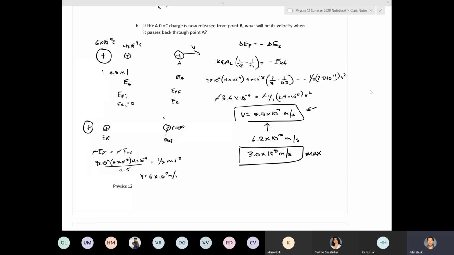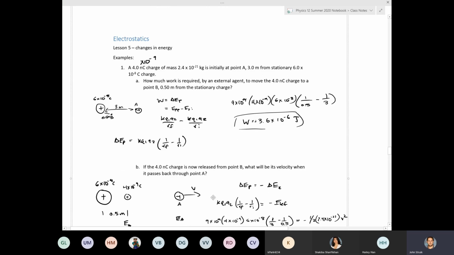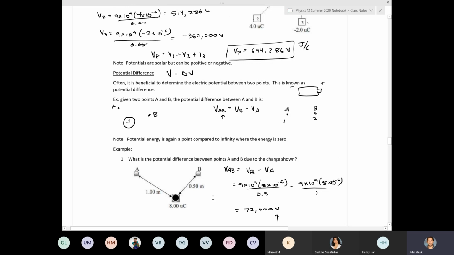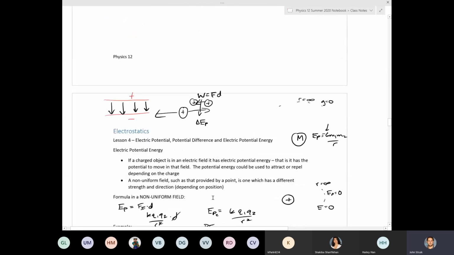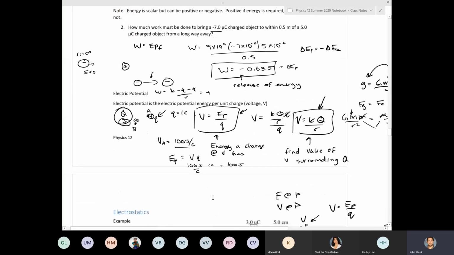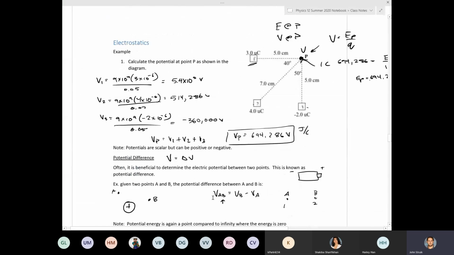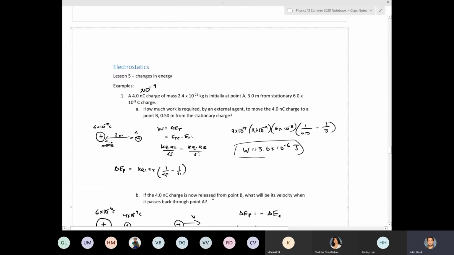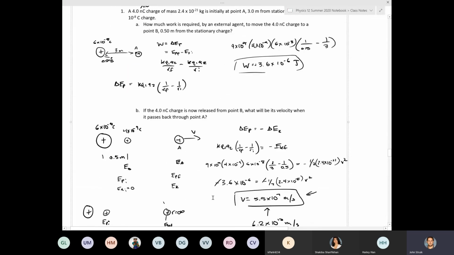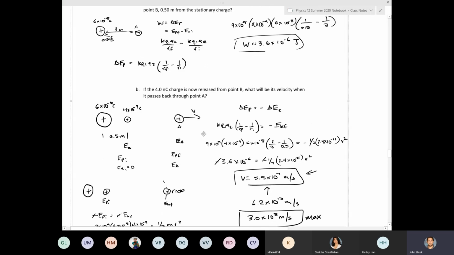I don't get that one. 9.8 times 10 to the 6 is positive. Where? 9.8 times 10 to the 6. Where is that? I don't see that number anywhere. The last solving question.